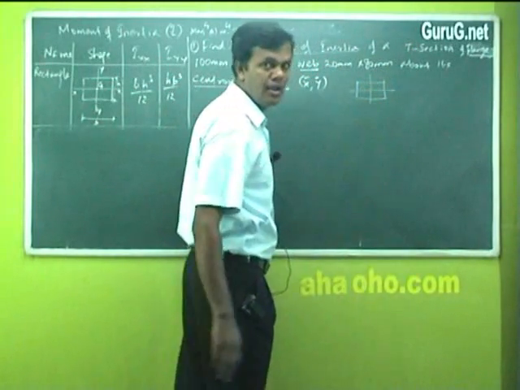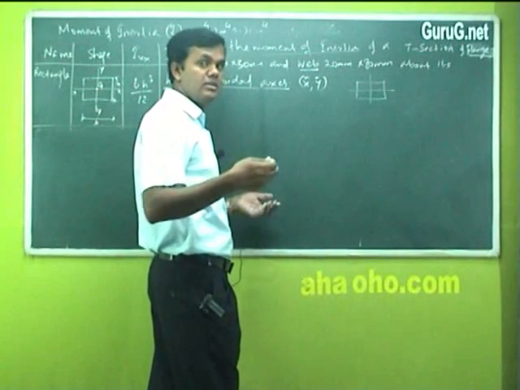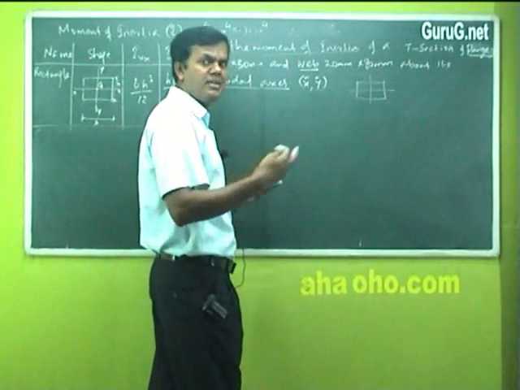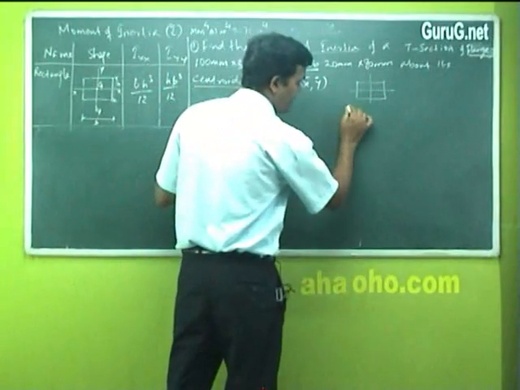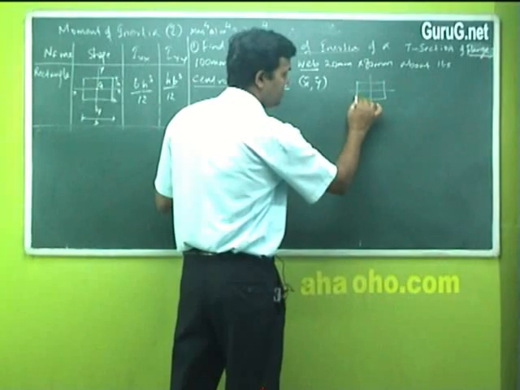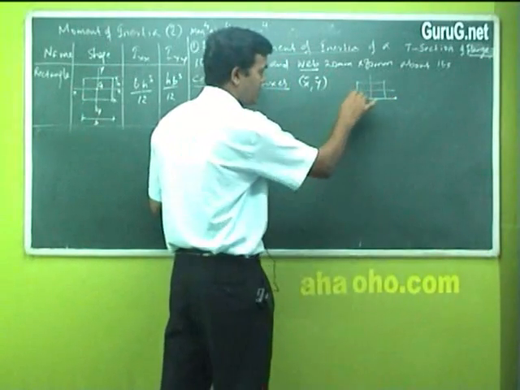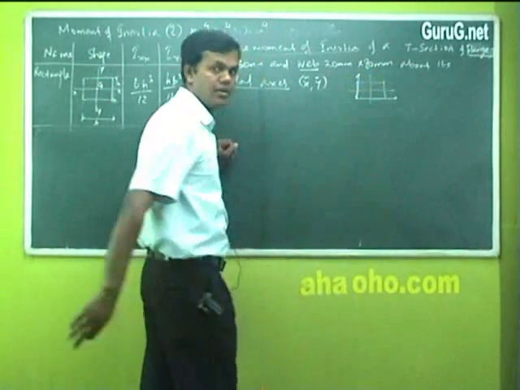x and y. Or you may be asked to find the moment of inertia with respect to some other axis, in the sense an axis kept down, or with respect to this x axis at the bottom, or with respect to a y axis in the left side corner.